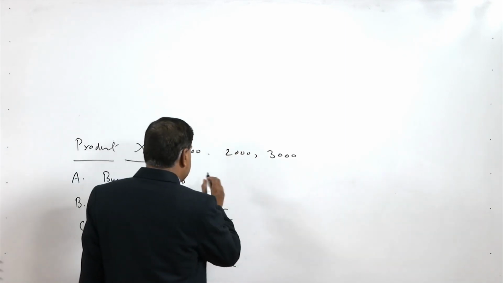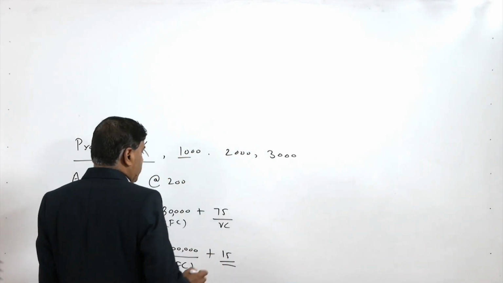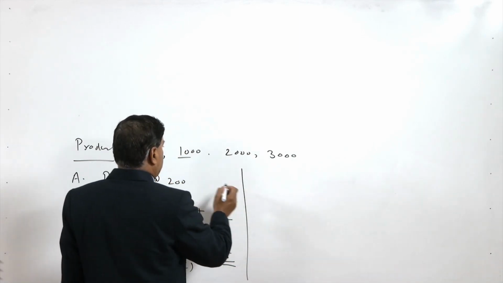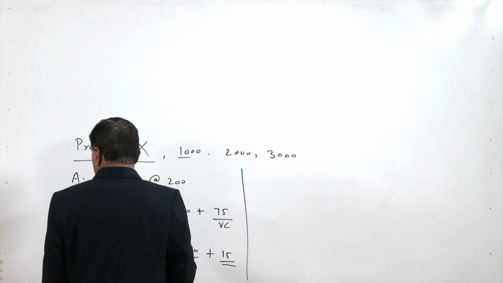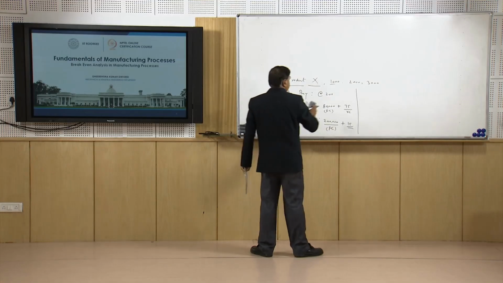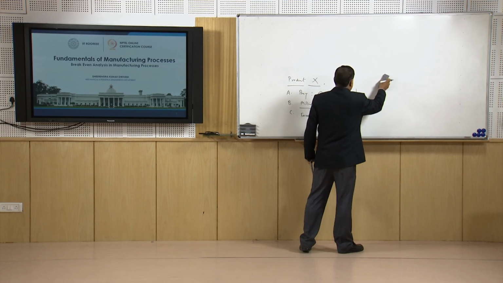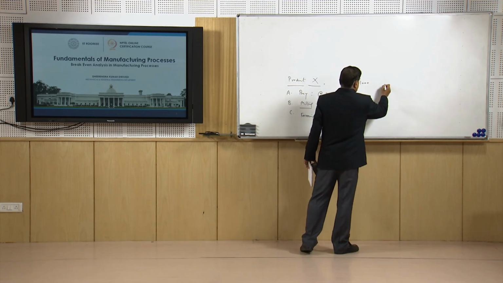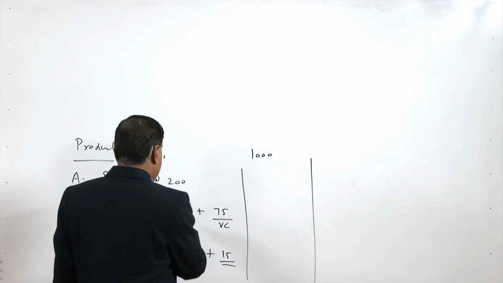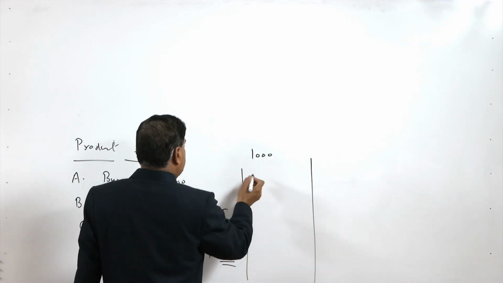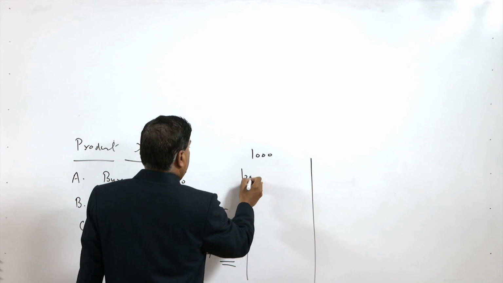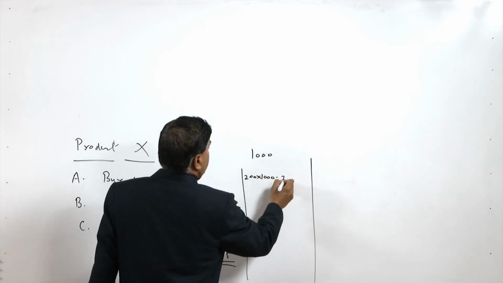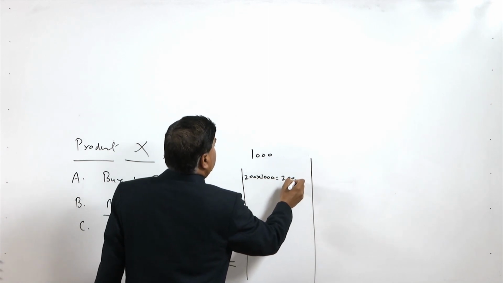So, what do we need to do to determine the cost? Considering the number of units to be made is, say, 1000, then what do we get? Buying is 200 multiplied by 1000, which is 2 lakhs.